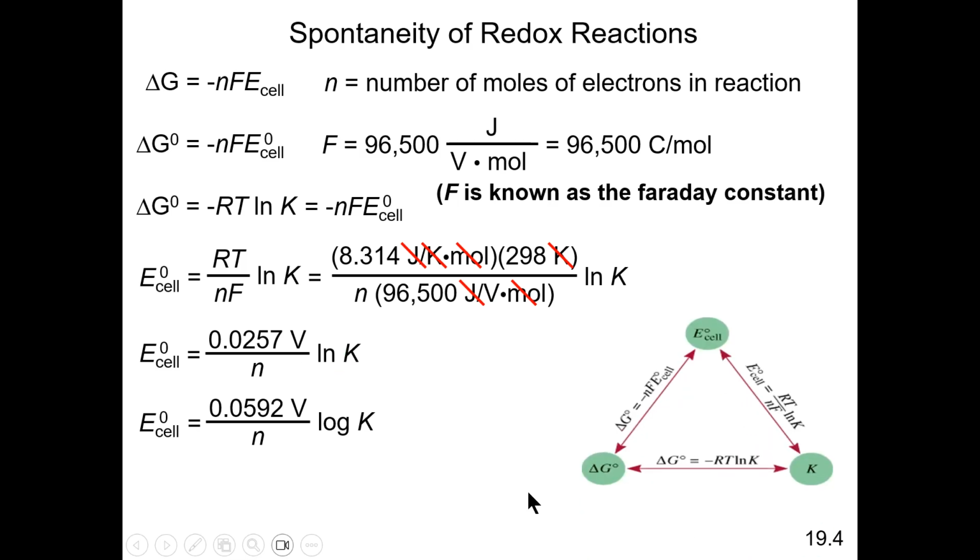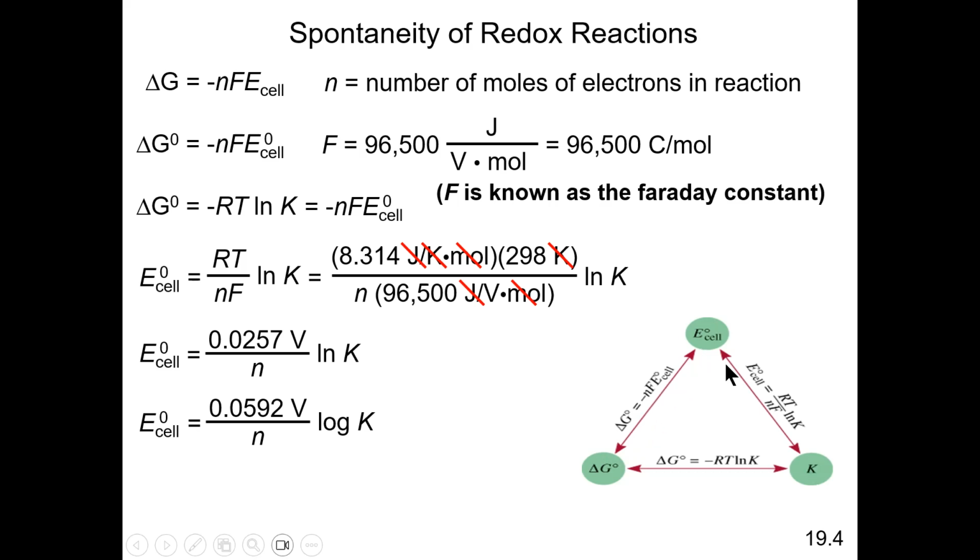Basically, what we have covered so far is the relationship between delta G standard, the EMF standard for the cell, and the equilibrium constant for the reaction in the cell. This shows you the relationship between delta G standard and the equilibrium constant. This is what we met before in the thermodynamics chapter. This is what we were just introduced to a while ago: delta G standard is equal to minus NFE standard of the cell.